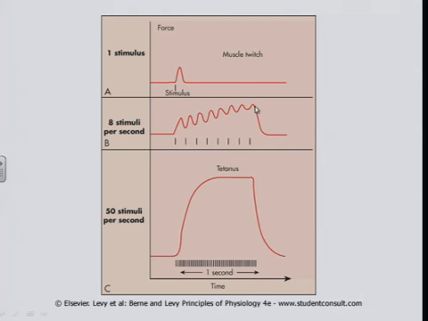And so it'll start to sum up to a level, and then it relaxes very quickly as all of them relax. So this process here, you can see this summing. If you go at a very fast rate, you will develop tetanus. Not tetanus the disease, but a tetanic contraction. That means a smooth, stable generation of a particular level of force.